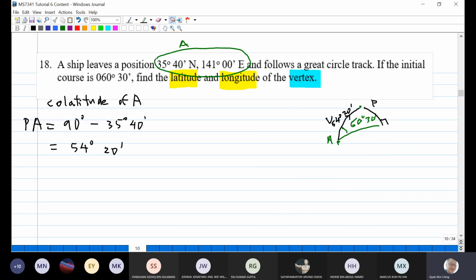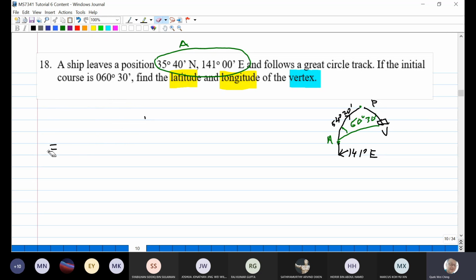V is the vertex, 90 degrees, and A is 141. Let's draw the Napier's wheel. You have to learn Napier's wheel because the MST will test you.